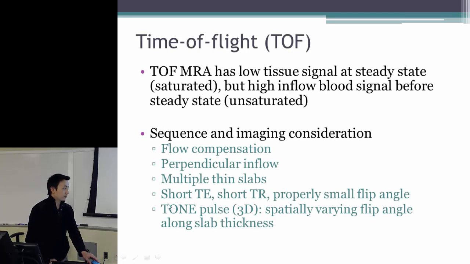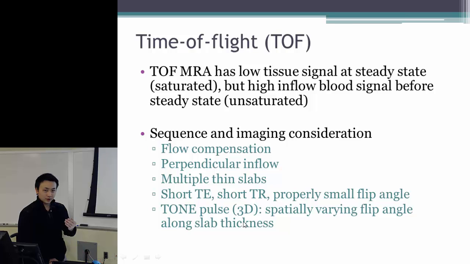And also, when we're doing TOF, we do not want to have too much signal decay. So it would be great to use a shorter TE. We can use a shorter TR, but that will have to depend on the flip angle. Usually the flip angle should not be too large. If we use too large a flip angle, that means it will drive the blood to steady state much faster, right?